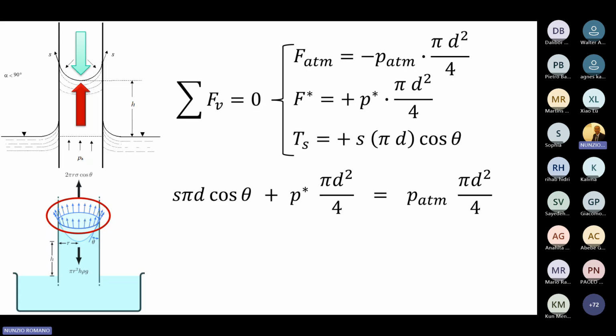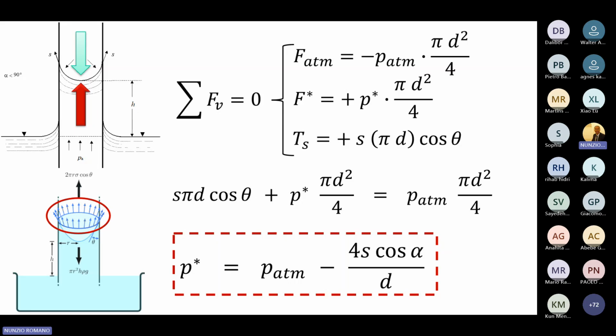So what we can obtain from this equation is the value of the pressure P star just below the meniscus in the capillary tube. This is the relation we have: P star is the atmospheric pressure P atm minus 4 Ts, the surface tension, times the cosine of the angle theta or alpha, that doesn't matter, divided by the diameter.